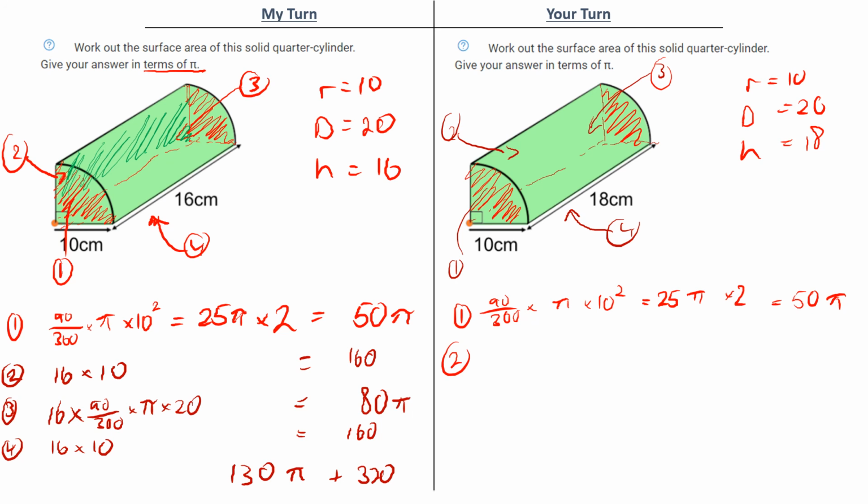Face number 2, the one at the back, we've got 18 times 10, which is going to give me 180. Right, the next one, number 3, we've got 18 times a quarter of the circumference of a circle, so 90 over 360, which is a quarter, times pi times the diameter.